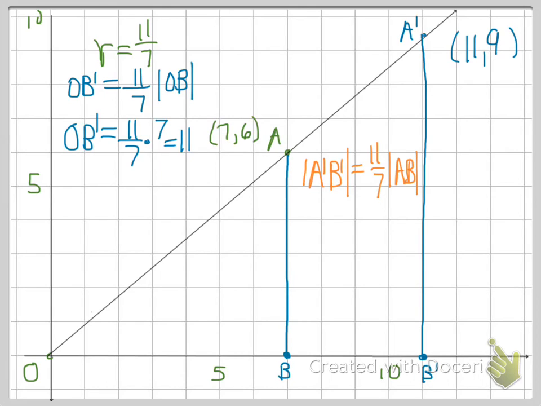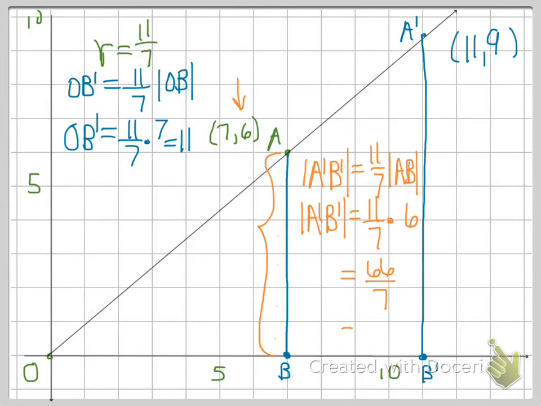The length of AB is this length right here, which is 1, 2, 3, 4, 5, 6, because it's the y coordinate of my point A. So this is 11/7 times 6.